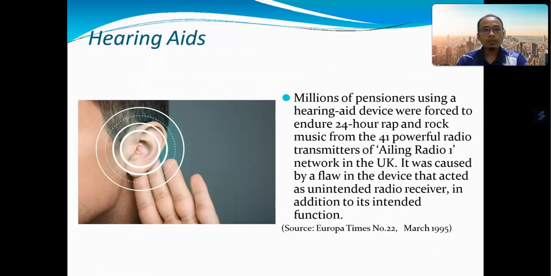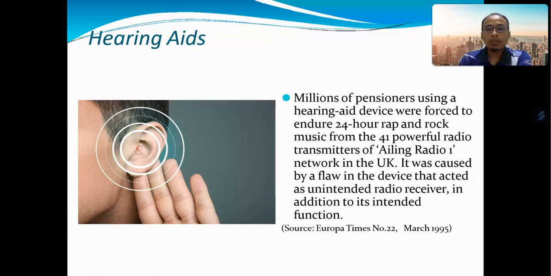All right. So the last case involves the hearing aids mentioned in the picture. Millions of pensioners using a hearing aid device were forced to endure 24-hour rap and rock music from the powerful radio transmitter of the Radio 1 network in the UK.